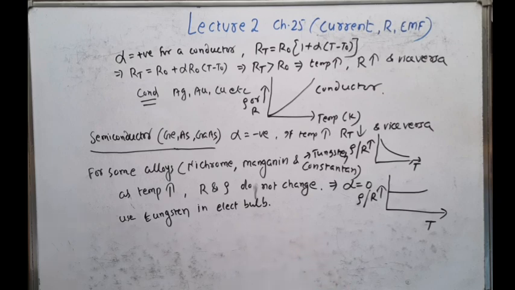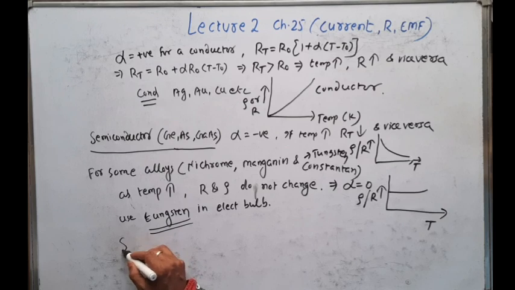So due to that, the resistance should increase. If resistance increases, then current will gradually decrease. That means the bulb will not give the required illumination. So that is why we should design the filament in such a way that the resistance remains constant and is independent of the temperature. For that cause, we are using tungsten in the electric bulb.